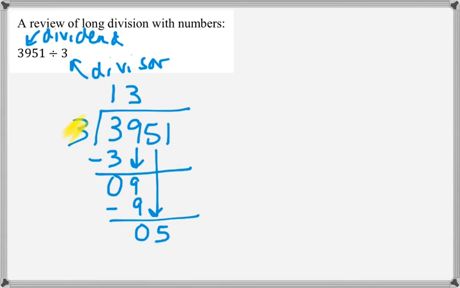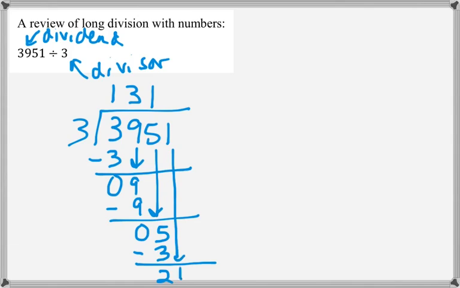And we can't take 3 times an integer to get 5, so we do the closest we can without going over. So we can't do 3 times 2 because that would be 6. That's too much. So we can do 3 times 1, and that's 3. And then we subtract that from the 5, and we're left with 2. And then we bring down the 1.